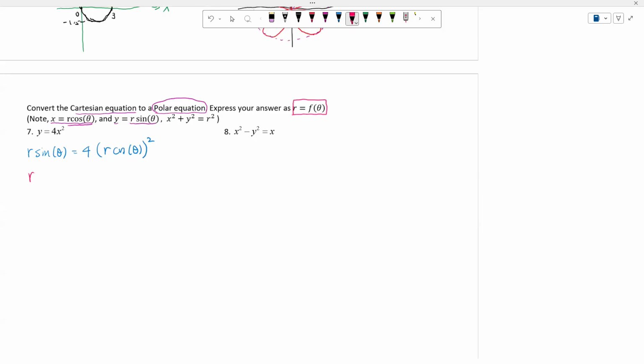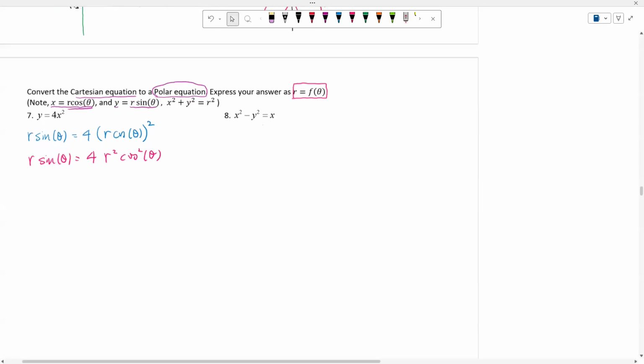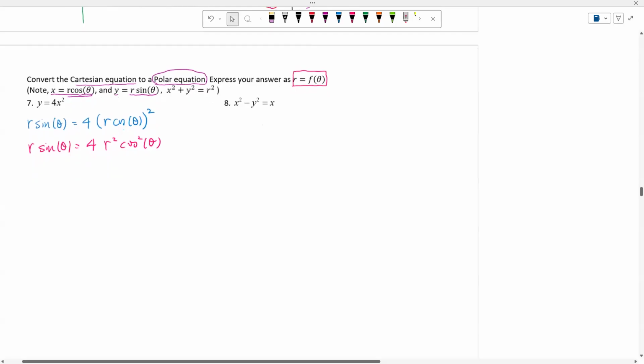Let's see. This one will be r squared cosine squared theta. If I want to solve for r, the first step is maybe I can divide both sides by r.